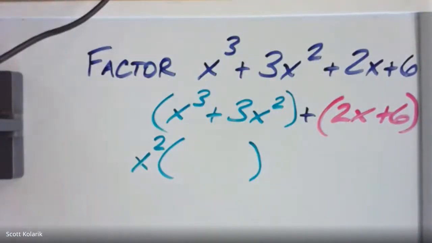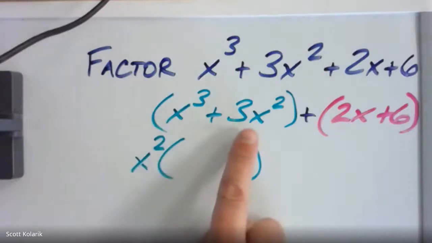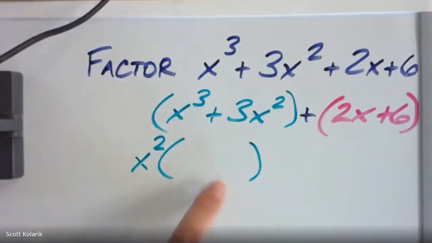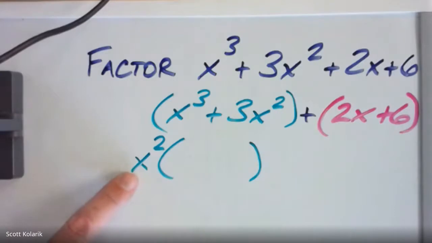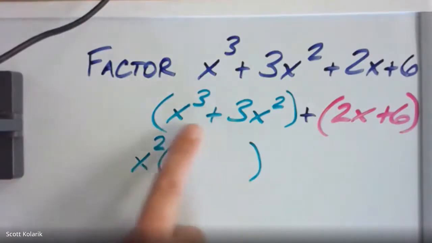Here's where I'll remind you what specifically factoring does. What's happened here is I found a common term inside of this parentheses and I factored it out. To remind us how that works, I should be able to distribute this object back into whatever's in this parentheses to get right back where I started.